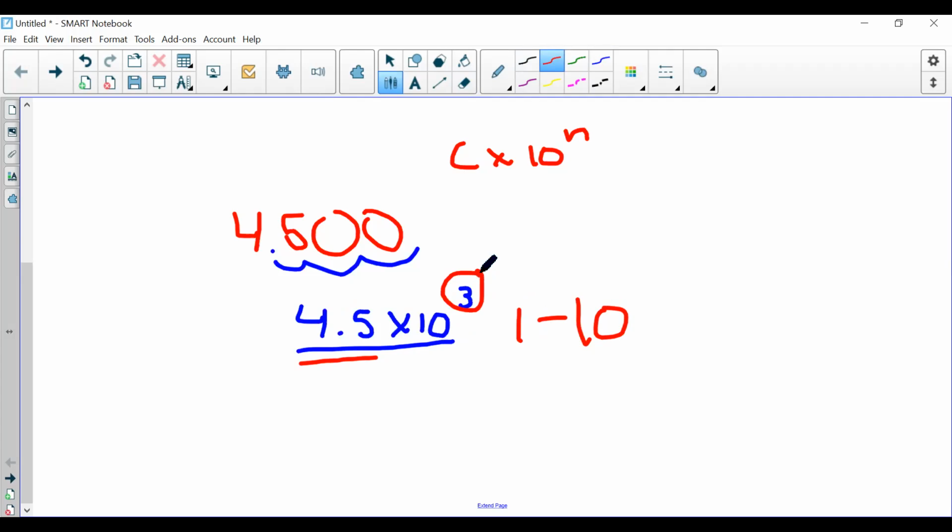The exponent indicates how many times the coefficient must be multiplied by 10 to equal the original number of 4,500. So if I multiplied 4.5 by 10 once, it would give me 45. Multiply it by 10 twice, it would give me 450. Multiply it by 10 3 times, and I get 4,500.